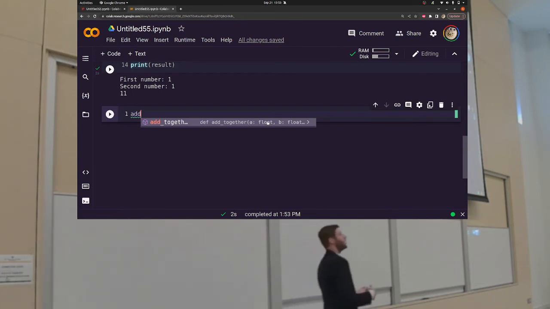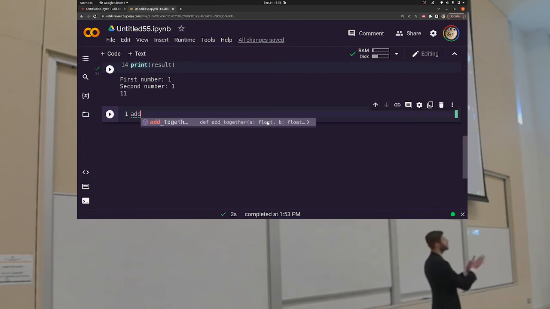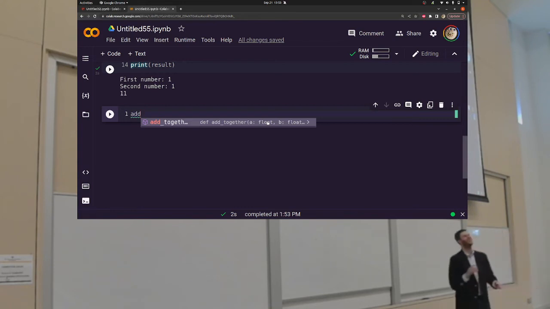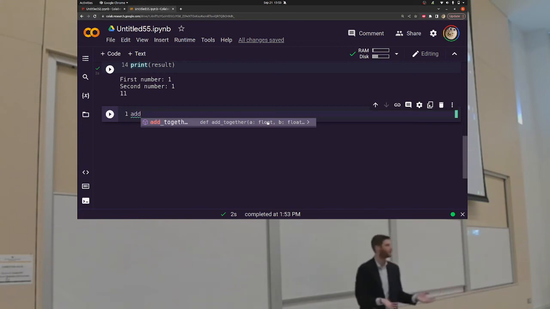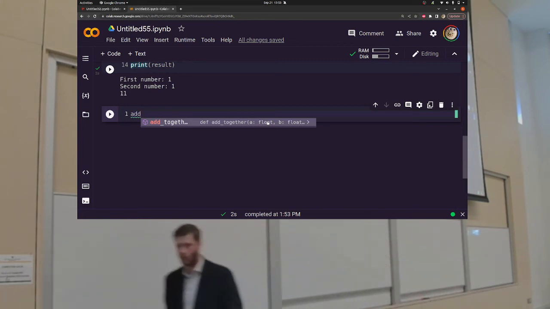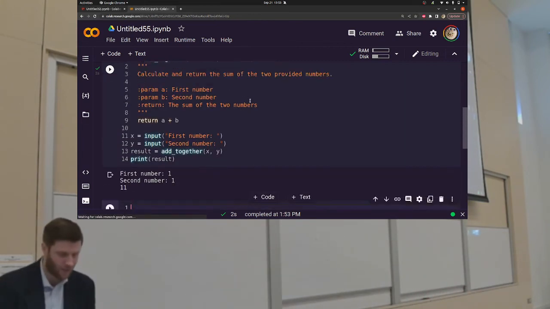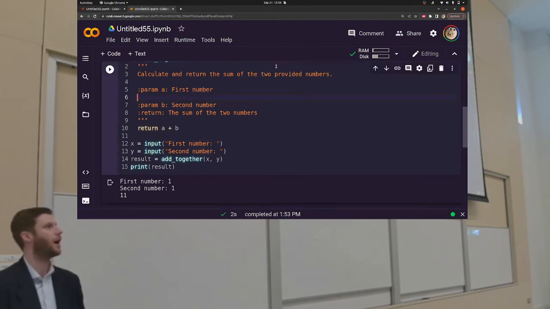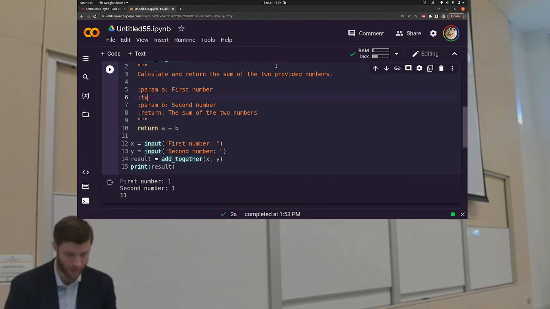It's a way to communicate to yourself and other programmers: here's a function, it takes an input A, it's supposed to be a float. It's a way to communicate to the person using your function that there is a restriction on this input. Often, if adding type hints, we add the information within the docstring. You do this by saying colon type of A is a float.